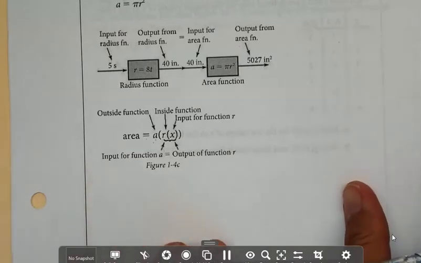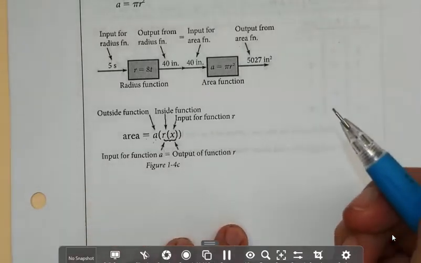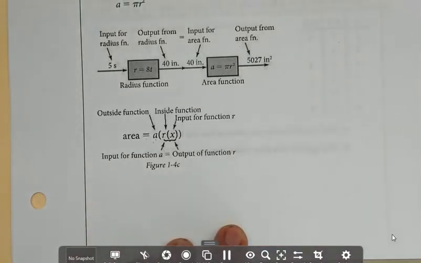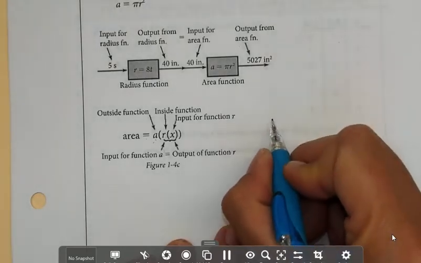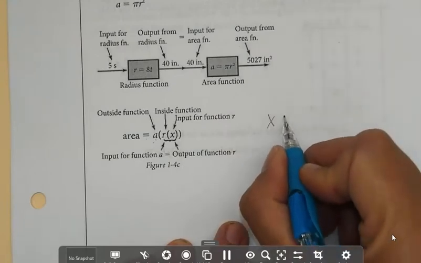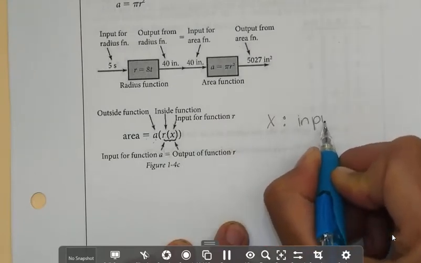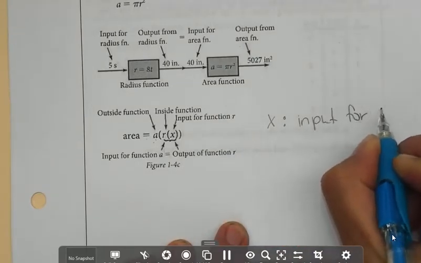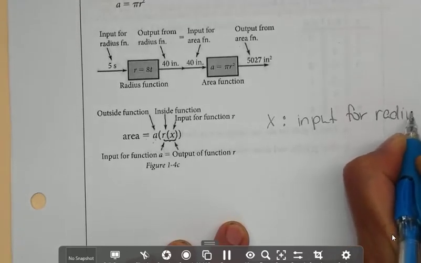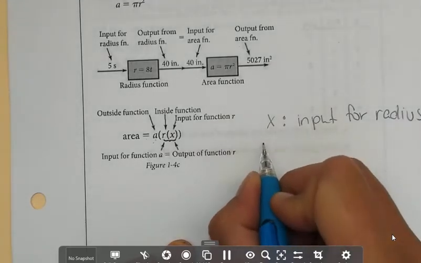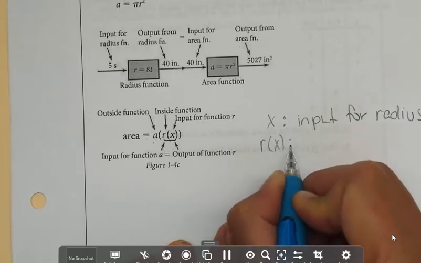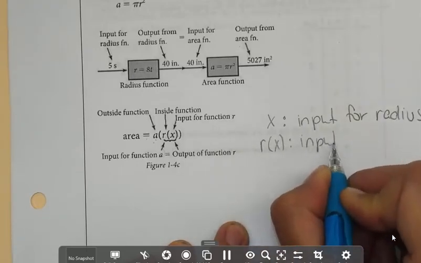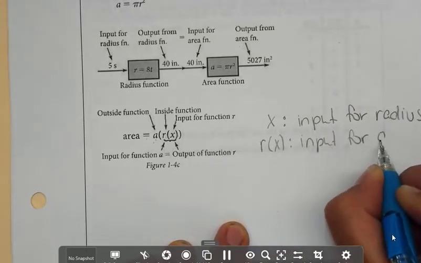So it's important to understand that we've got x, which is the input for the radius function, and then r of x is our input for the area function.